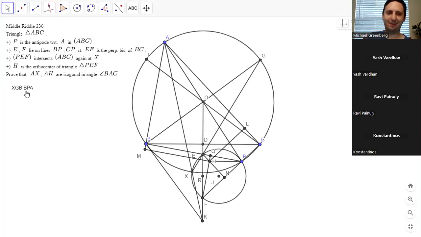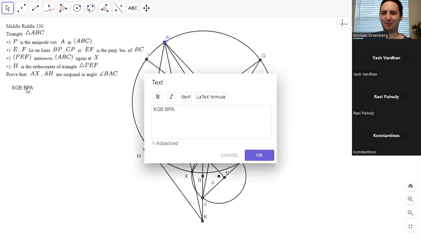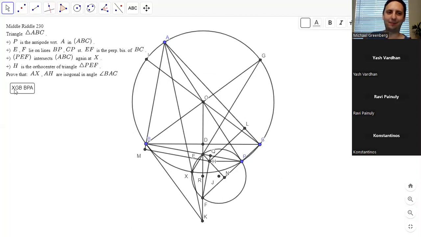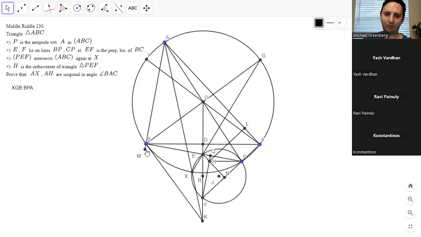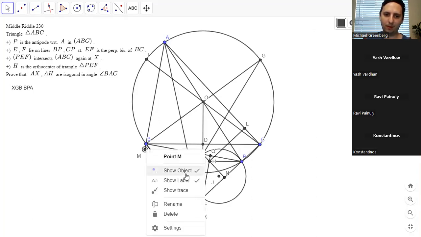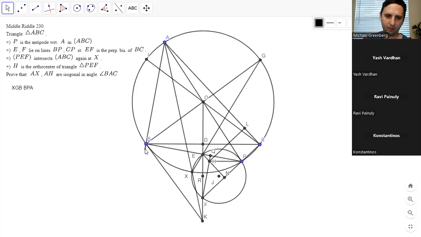I had another idea, but they beat me to their solution, so I'm going to write up their solution. So first we'll show that AX is a symmedian, and we'll do that using Pascal's theorem. I'll hide the stuff I added. I think there's a way to prove it with the stuff I added, but their solution looks simpler. So let me hide all this.